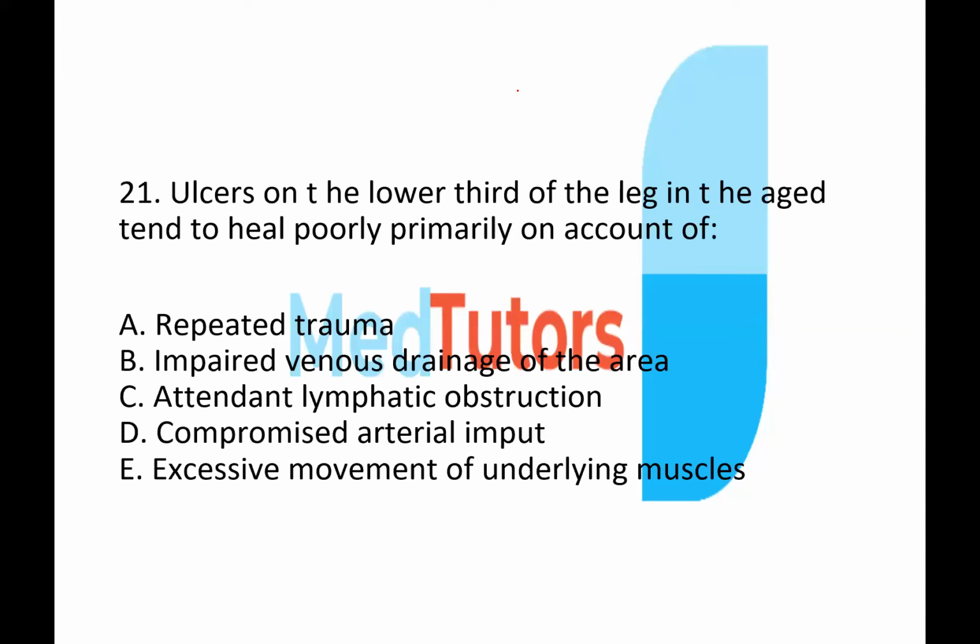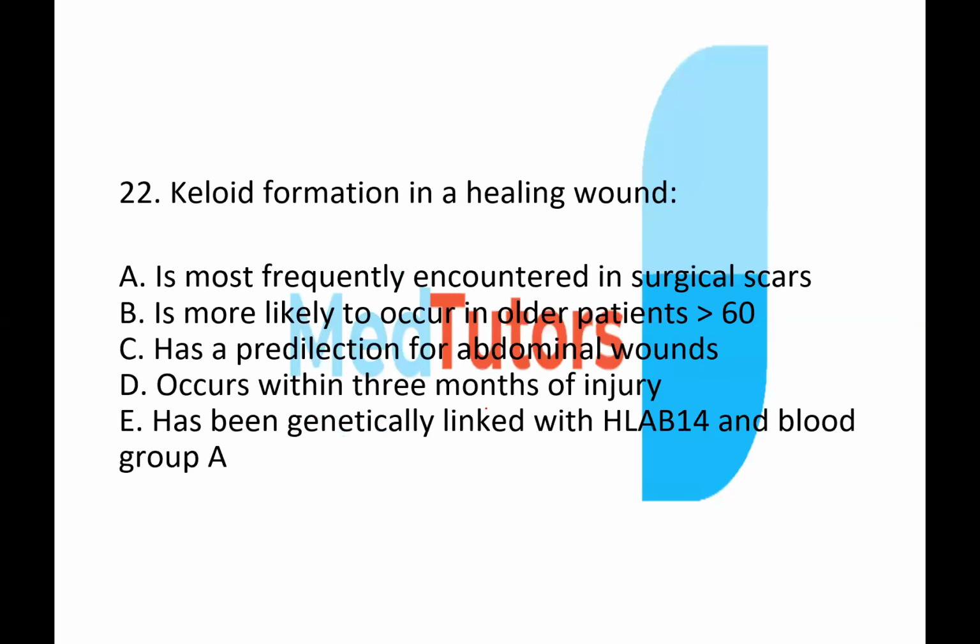D, compromised arterial inputs. E, excess movement of underlying muscles. What is our option? The answer is D. Compromised arterial inputs, poor blood supply.